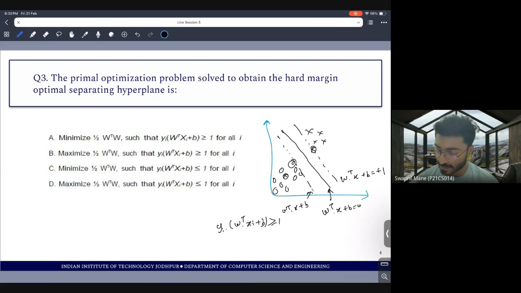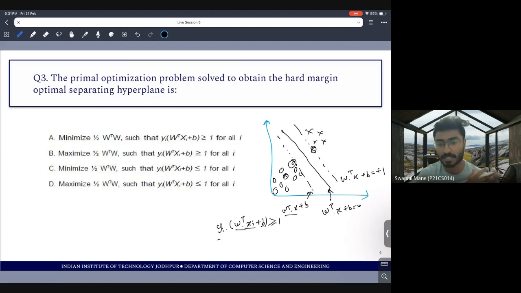This equation satisfies all of these. If yi is minus 1 and the equation gives minus 1, then we get plus 1. If y is plus 1, as we are discussing binary classification, and the equation gives plus 1, we again get plus 1. So this satisfies both conditions and ensures a correct classification. We have to draw a hyperplane such that all the training points get a correct classification.